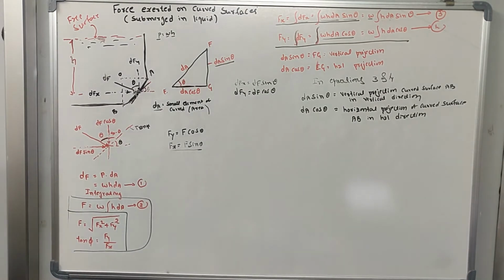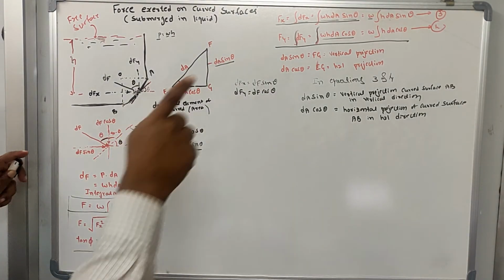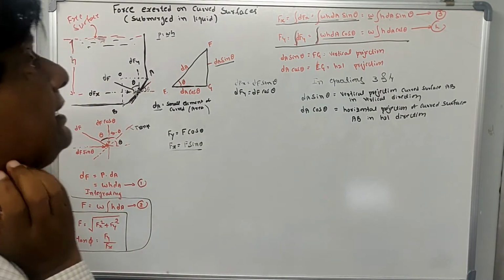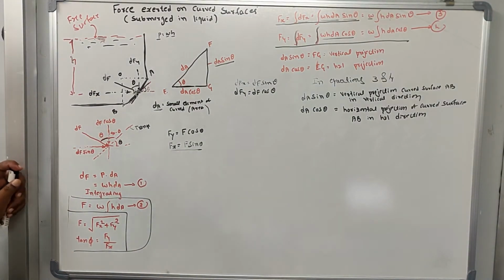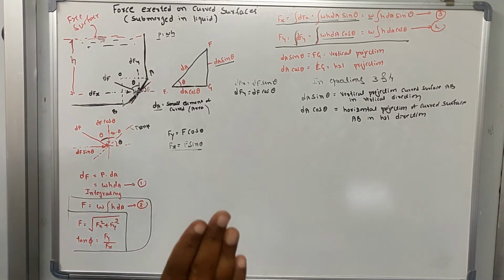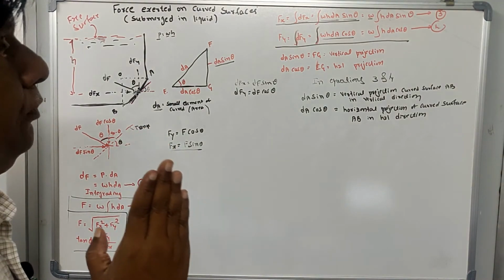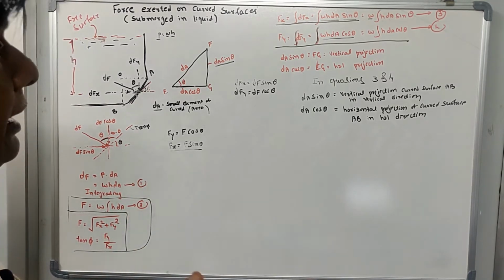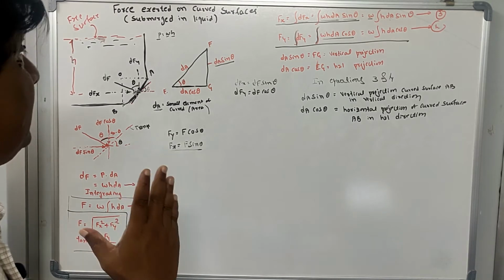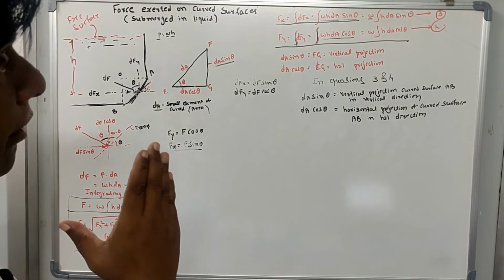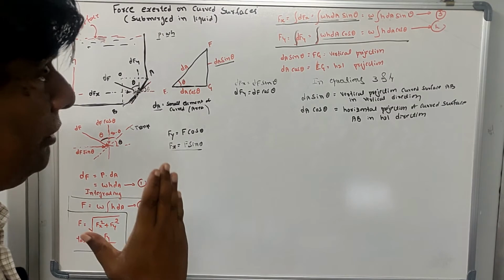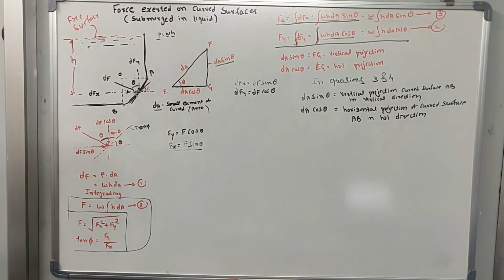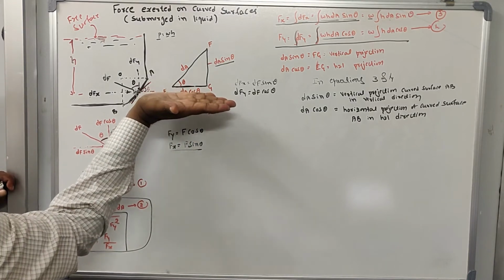So in equations 3 and 4, dA sin theta is the projected area of the curved surface in the vertical direction, and dA cos theta represents the projection of the curved surface in the horizontal direction.